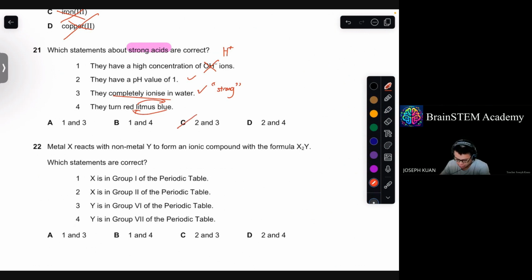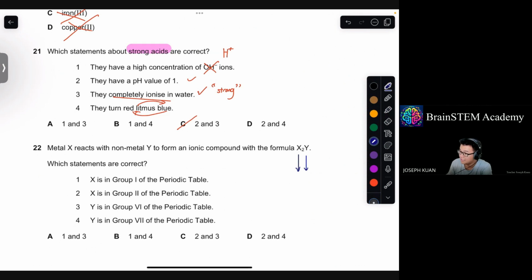Moving on to question 22. Metal X reacts with non-metal Y to form an ionic compound with the formula X2Y. Which statements are correct? Now, remember, the former element should be the metallic element, and the latter element is the non-metal.